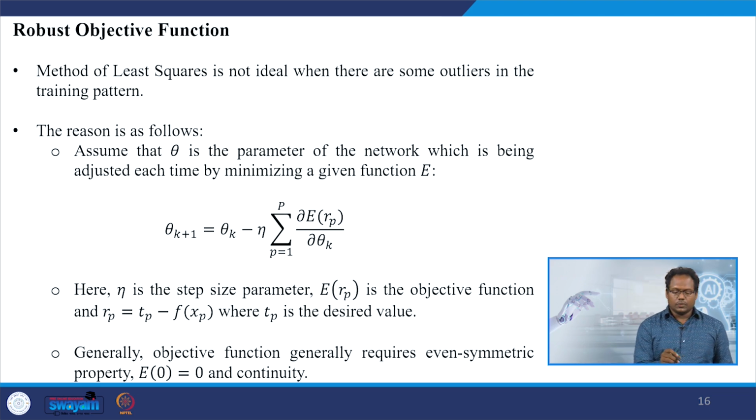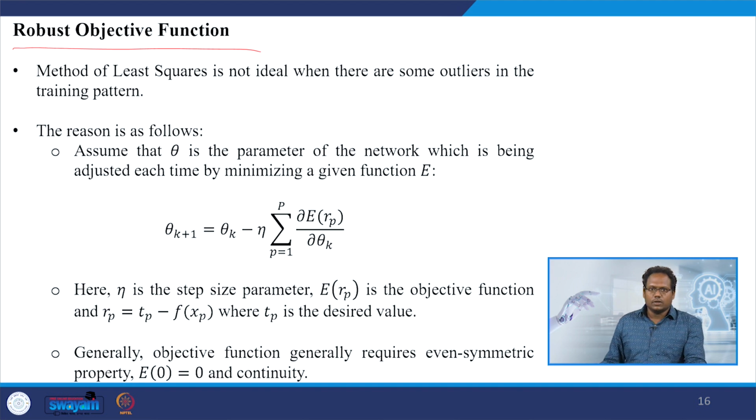Now, let us talk about robust objective function. The method of least squares is not ideal when there are some outliers in the training patterns. The reason is as follows: assume that theta is the parameter of the network, which is being adjusted each time by minimizing a given function, say E of RP. What is RP? Residual. We will be seeing that in the upcoming slides.